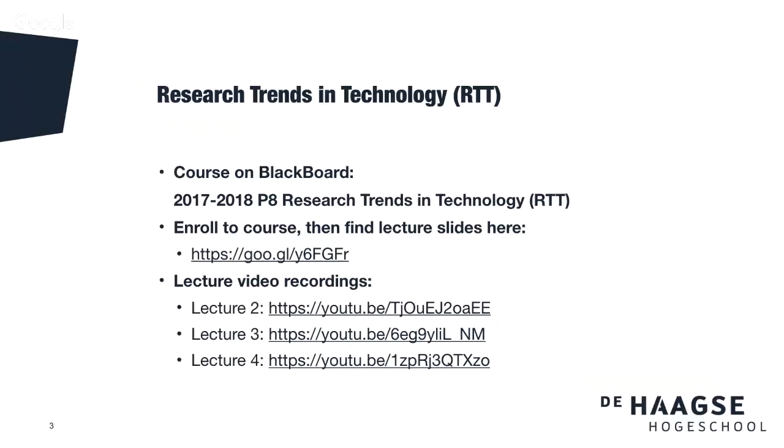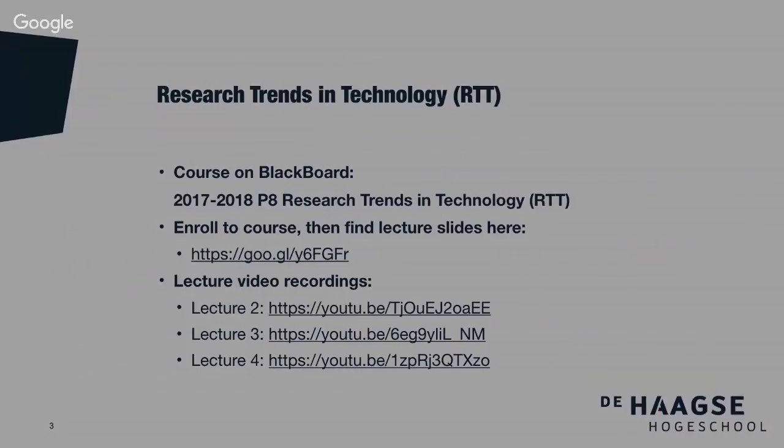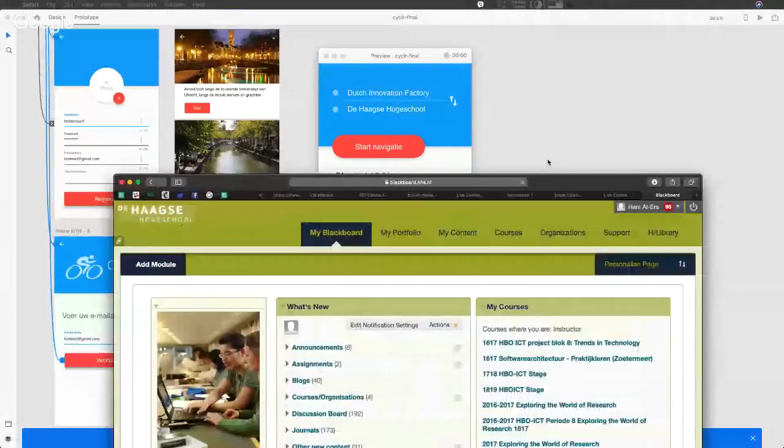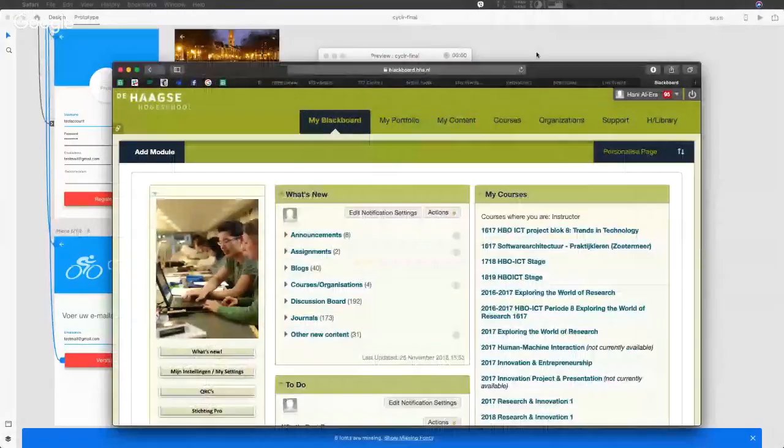And the most important thing that I need you to focus on from now on is the terminology that you are going to use. And if you look into the Blackboard page, where is the internet browser? So let's see. If we go to Blackboard, so this is the Blackboard page, and we go to Research and Innovation 2.